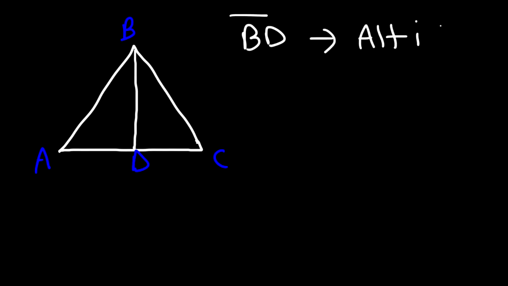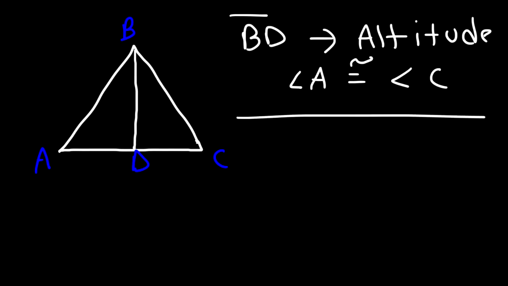Now let's consider one more example. So let's say this is triangle ABC, and let's say that we're given that BD is an altitude. In addition, let's say we're given that angle A is congruent to angle C. So let me just write given.